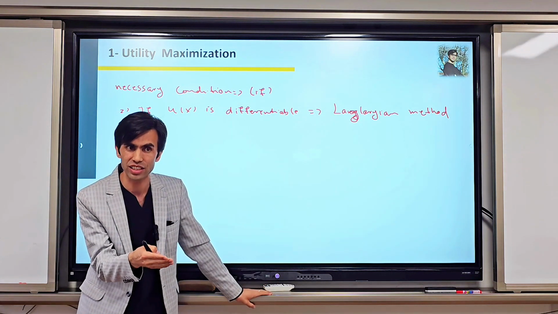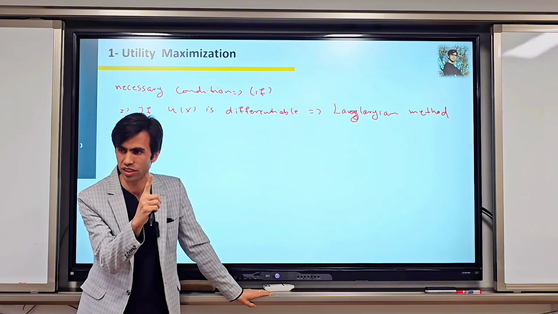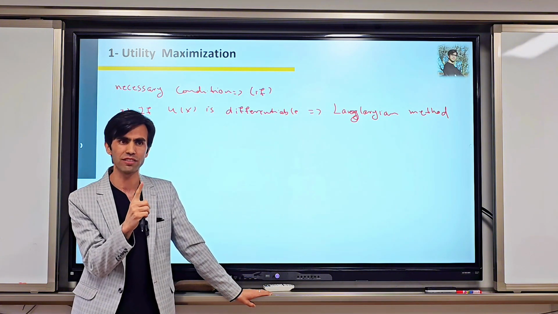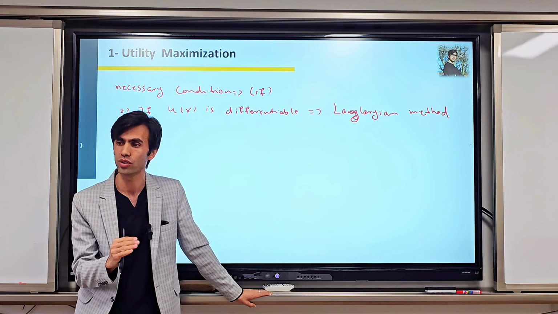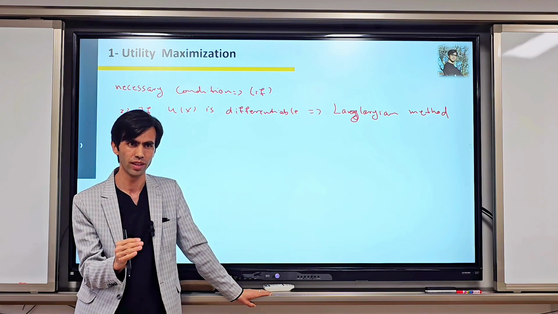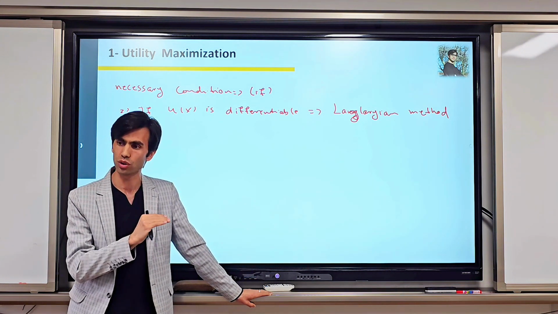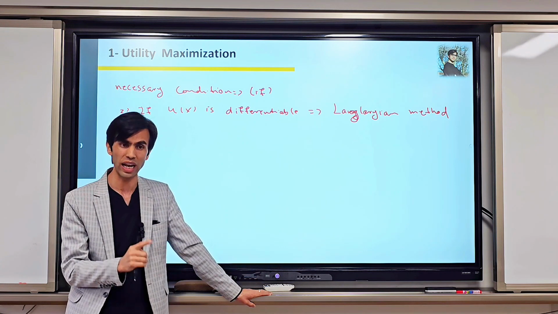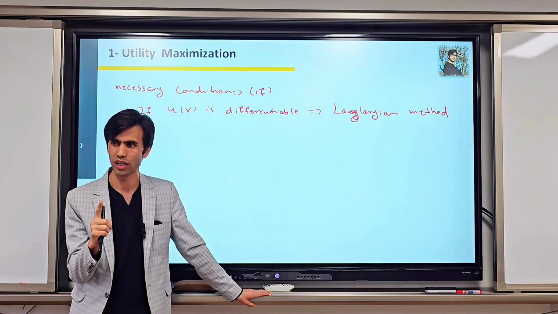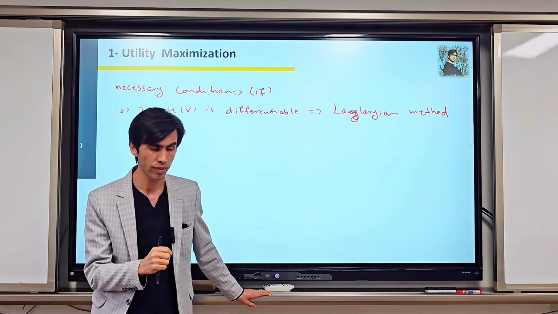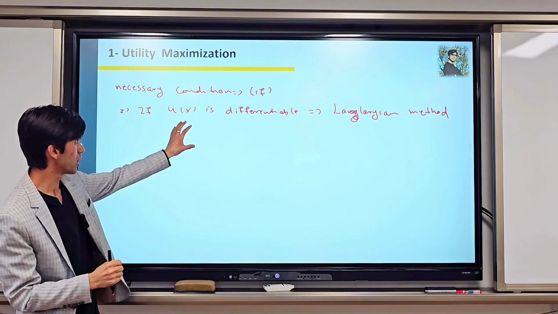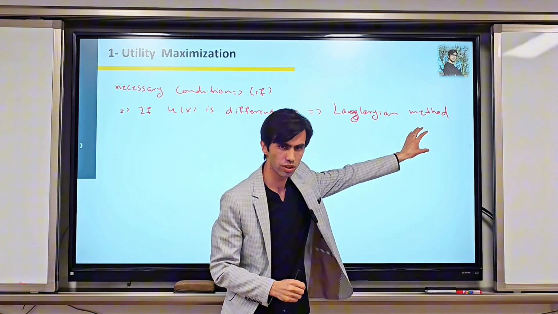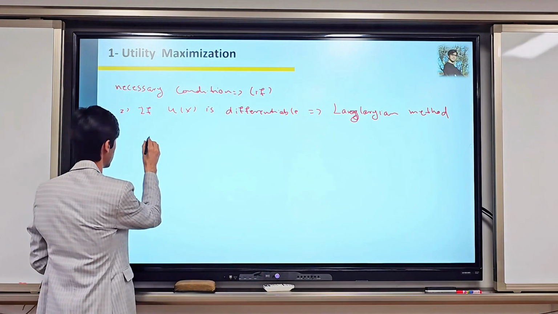Although that function is differentiable, it's once differentiable. You can take the first order condition, but there is no way to take the second order condition. So even for those types of utility function, which are differentiable one time, you cannot use this Lagrangian method. So if your utility function is differentiable, we can use the Lagrangian method.